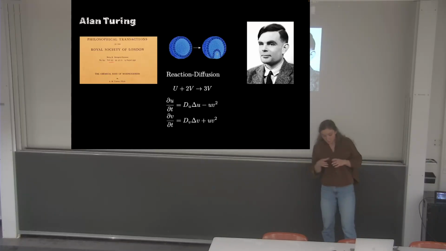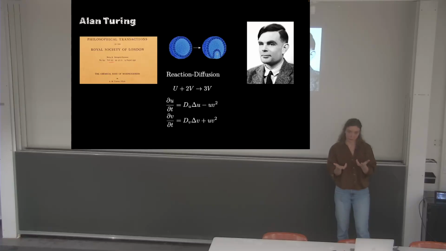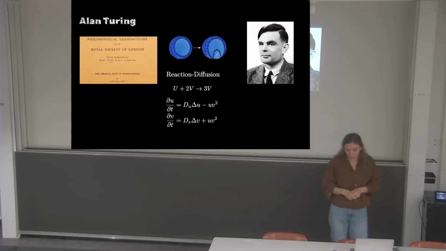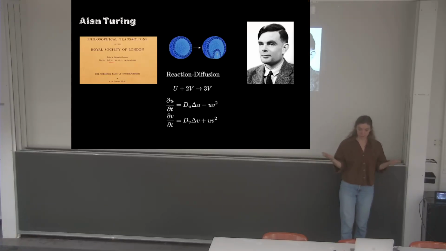And it just governs how locally the concentration of the two chemicals interact in each cell. And interestingly enough, he showed that since these equations are symmetrical with respect to the two cells, if one starts with two concentrations that are exactly the same in the two cells, then they will stay the same over time. This is the symmetry.